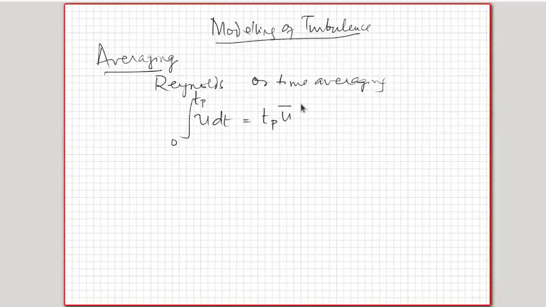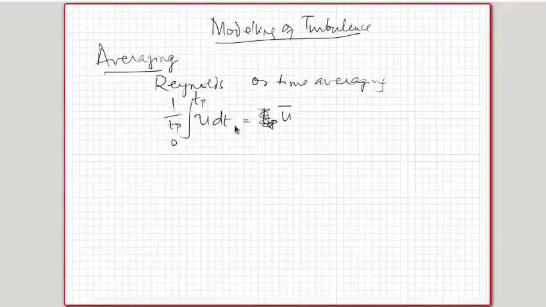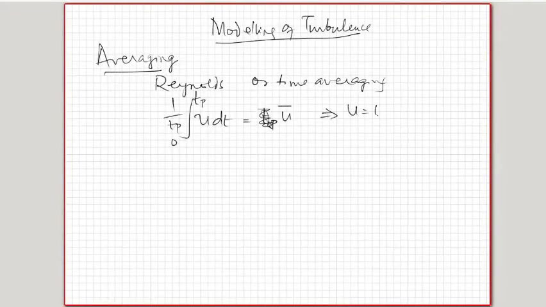So 1 by Tp going here, I get u bar equal to 1 by Tp integral from 0 to Tp of u dt. Then we write u equal to u bar plus u prime, and we calculate quantities pertaining to u bar and model quantities pertaining to u prime. This is what we had done in our understanding of Reynolds averaging.